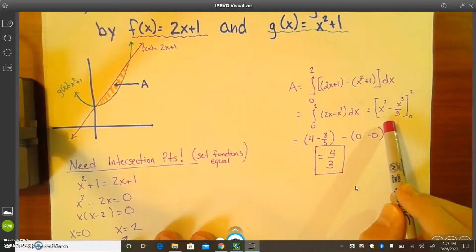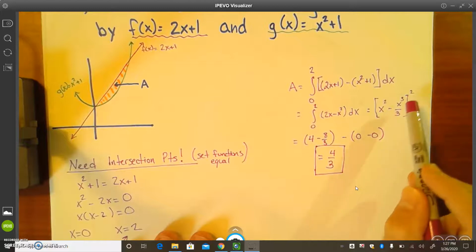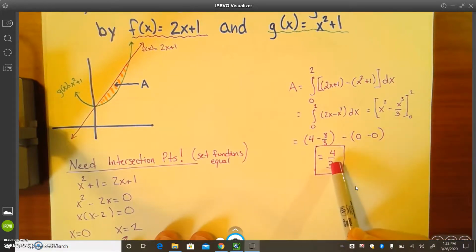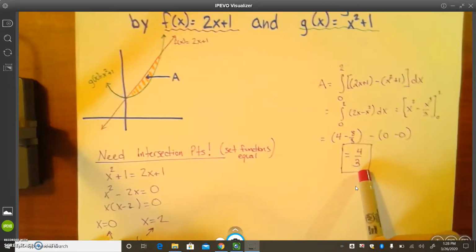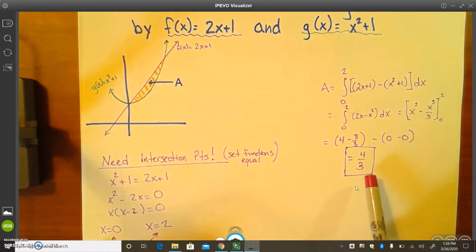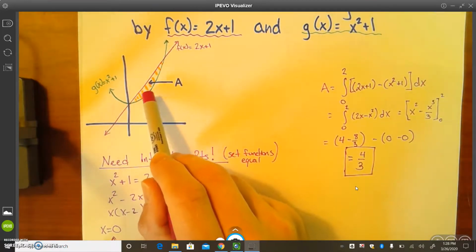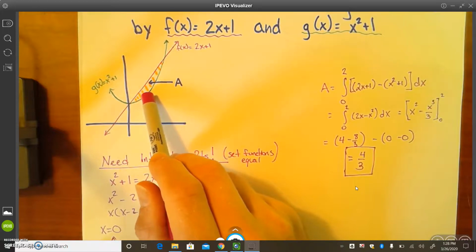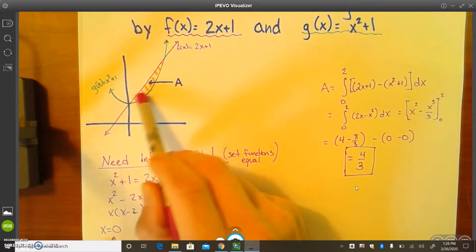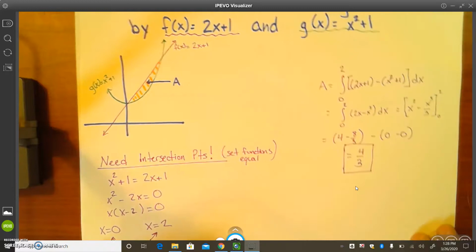Take an antiderivative, which we are getting very good at by now, plug in your upper and lower limit and evaluate your difference. Your final answer, 4/3. That means this area here has a value of 4/3. Eventually we're going to learn a little more about the significance of this, but it's nice to know we have a process of getting area of all these funky shapes now, even between two curves.